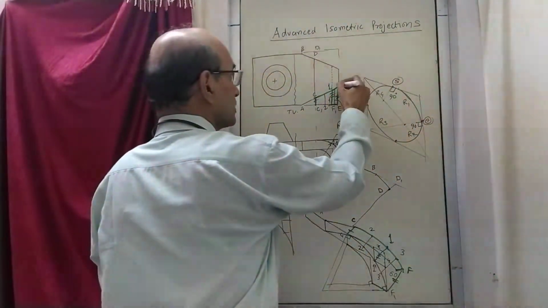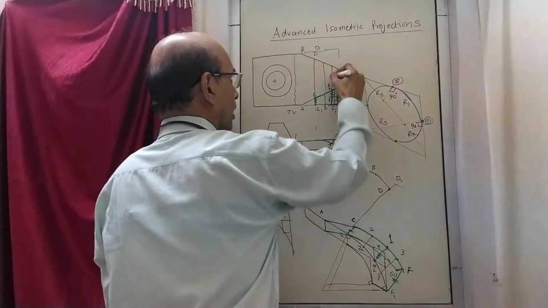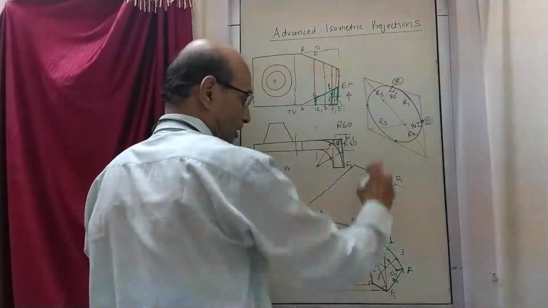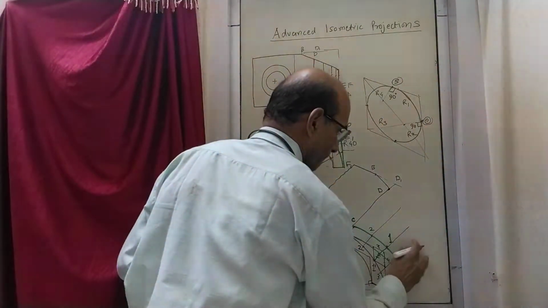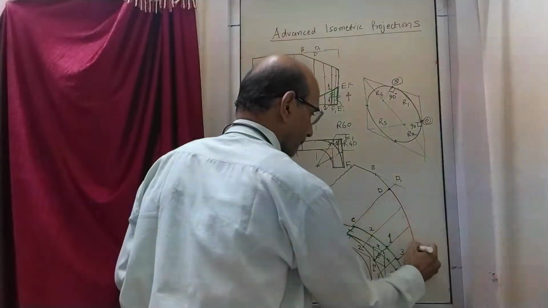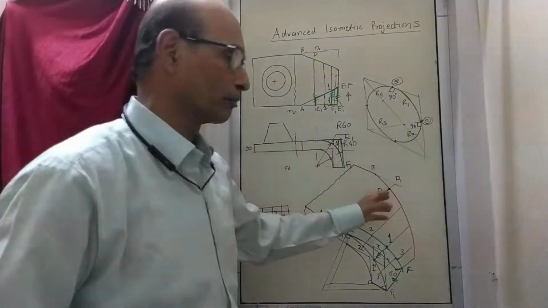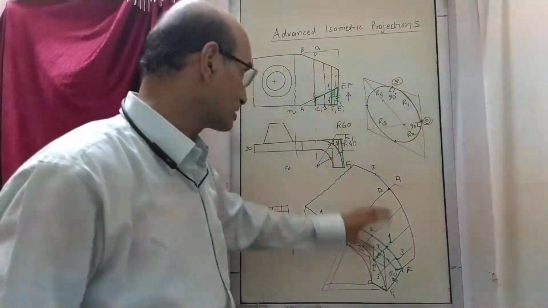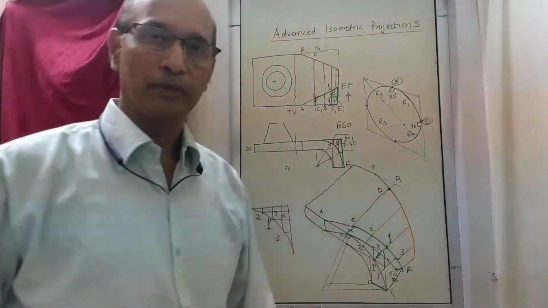So if that is the case, then all the corresponding distances here for 2, for 1, for 3, all these distances you can take from here and then shift them here, whatever distances you get from there, and then when you join, that will be the shape on the other side. So getting the shape from the other side is not so difficult. Only this part is more important. So once you do this, using these lines like this, you can draw the other side and complete the figure.